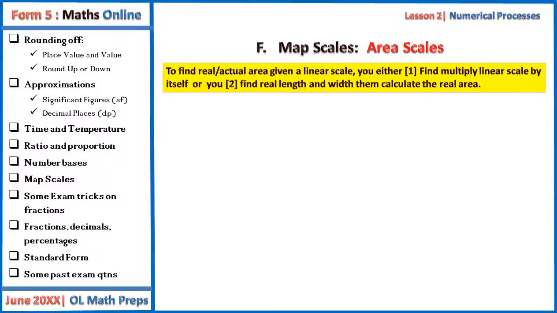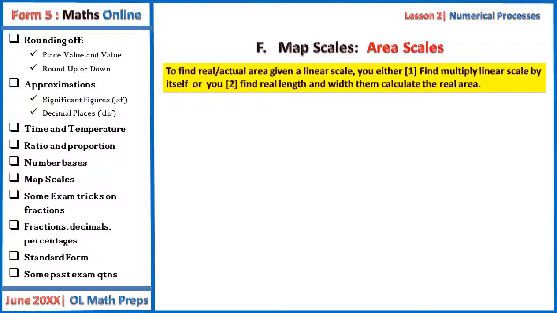Another example: to find the real or actual area on a linear scale, you either multiply linear scale by itself, or you find the real length and the real width and calculate the area. Like we mentioned before, there are two types of scales: linear scales and area scales. When you are working with areas, what you need is an area scale, and an area scale is given by dimension times dimension.